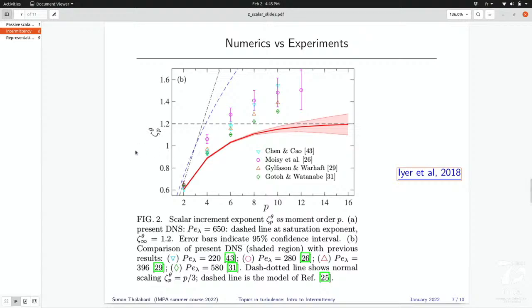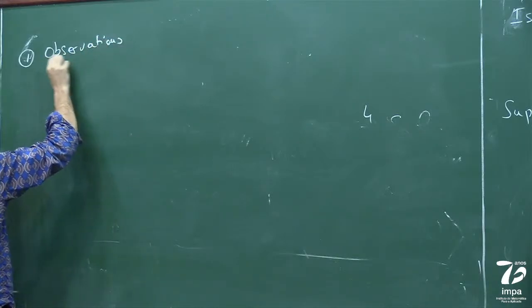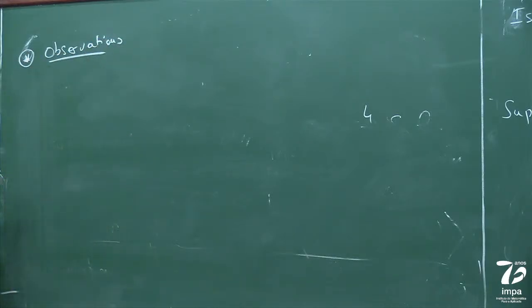And what we see is that in this picture, from the observations, the intermittency of the scalar seems more pronounced than the intermittency of Navier-Stokes.